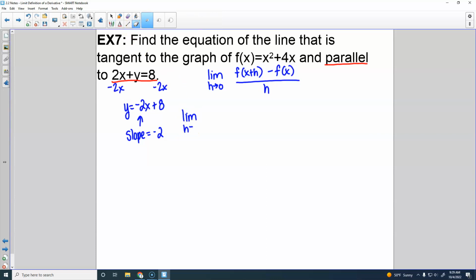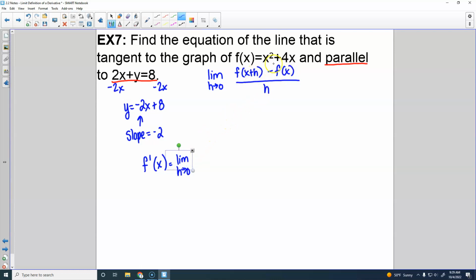Actually, let's label this. I'm going to move down here, give myself some room. f prime of x. We've been doing f prime of 2, f prime of 3, f prime of -1, something like that. This is the general form, so we haven't plugged the point in. So we say f prime of x equals the limit as h approaches 0.